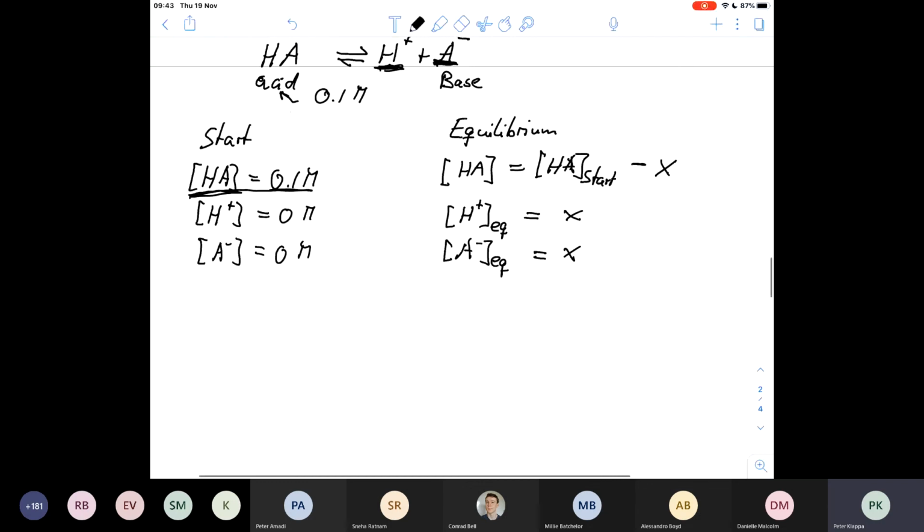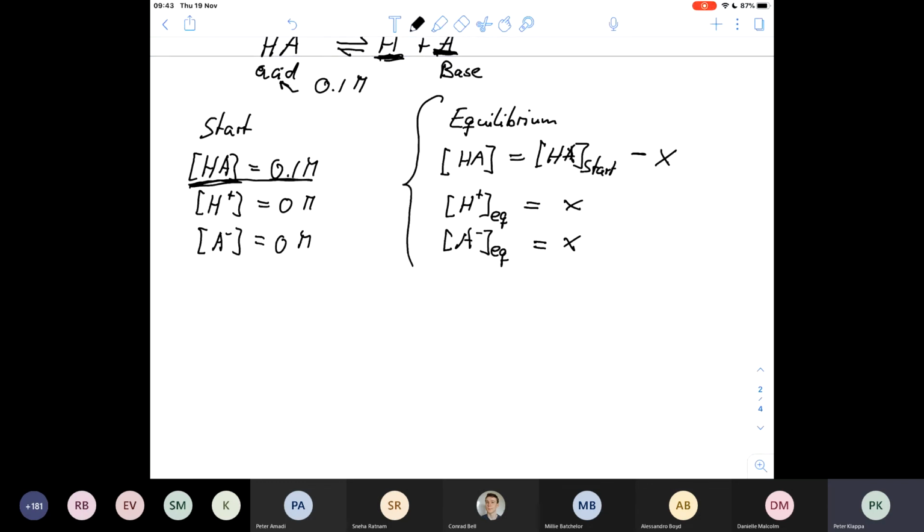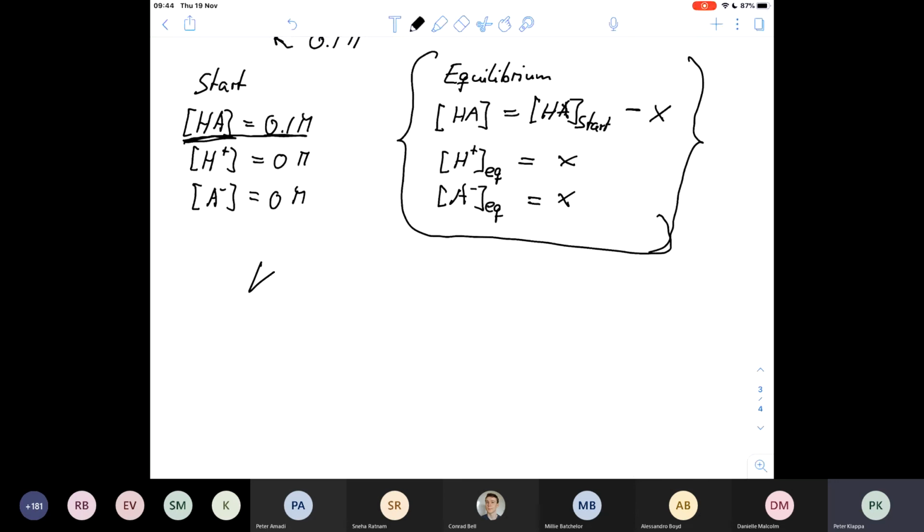So what we can do is write this again as Ka equals H plus equilibrium times A minus equilibrium divided by HA equilibrium. And now let's plug in the numbers.